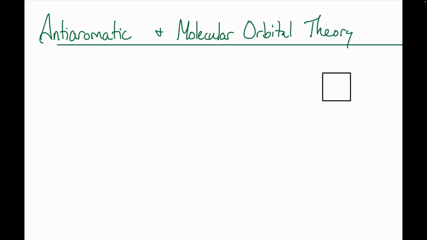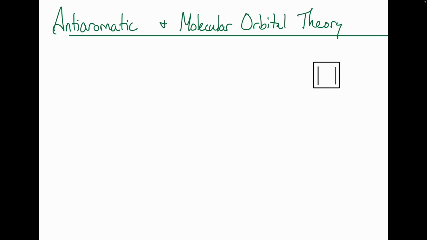We're going to do cyclobutadiene, this angry little square here. All right, and again, my goal is to create this plot that shows the relative energy levels of those molecular orbitals.